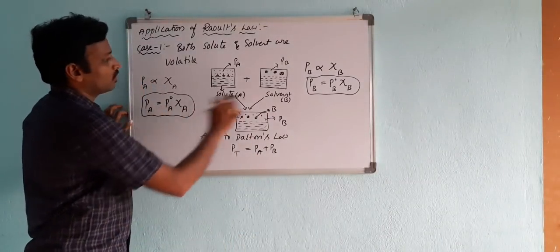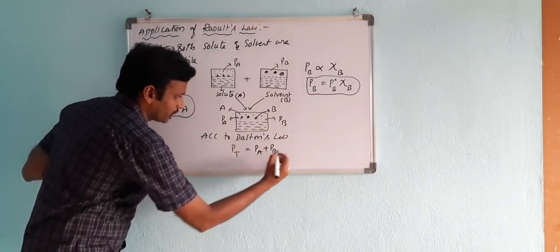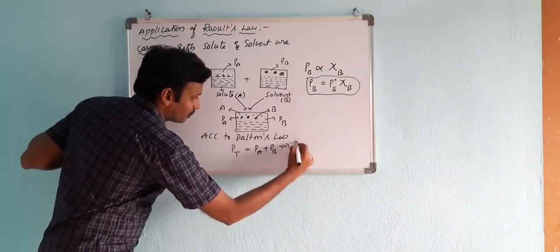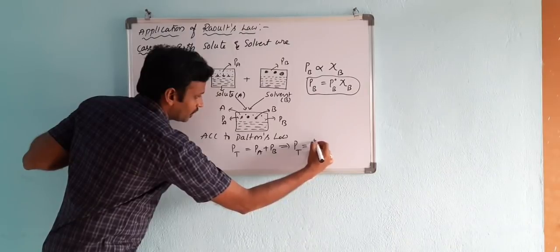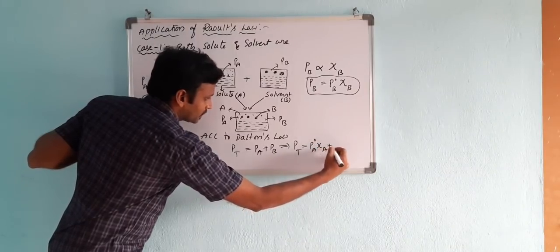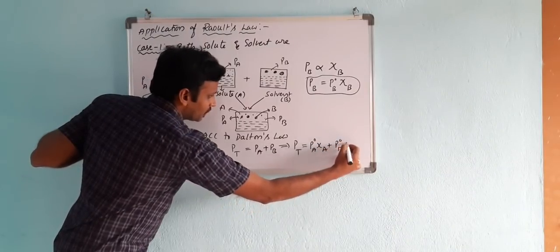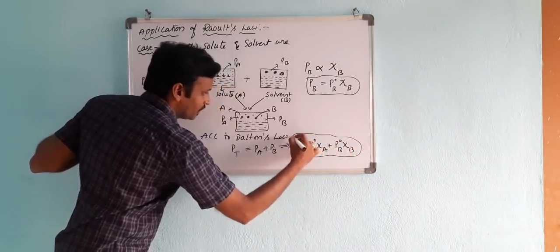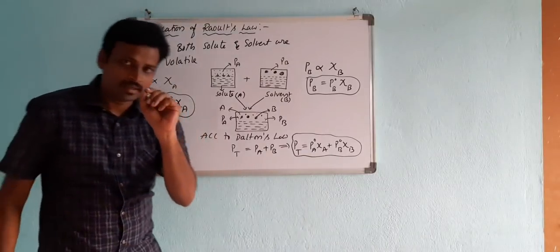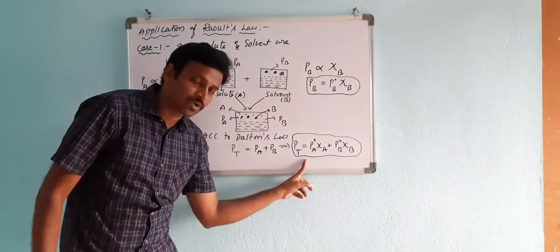What PA is you know, what PB is you know. Just put it here, so that P total is equal to PA naught xi A plus PB naught xi B. This is P total, and it is very important, listen carefully, remember this formula.